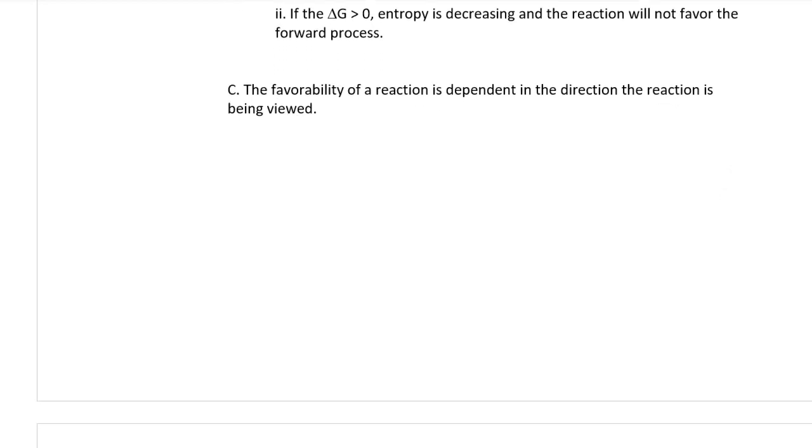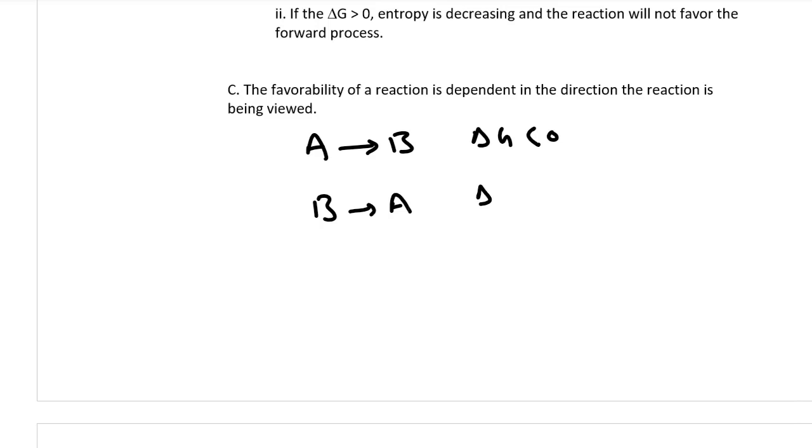That's basically what we covered, because the favorability of a reaction is dependent on the direction in which the reaction is being viewed. In our example above, when we looked at A goes to B, we had a delta G that is less than 0. But when we looked at B going to A, we have a delta G that equals the delta G above, but has a different sign.